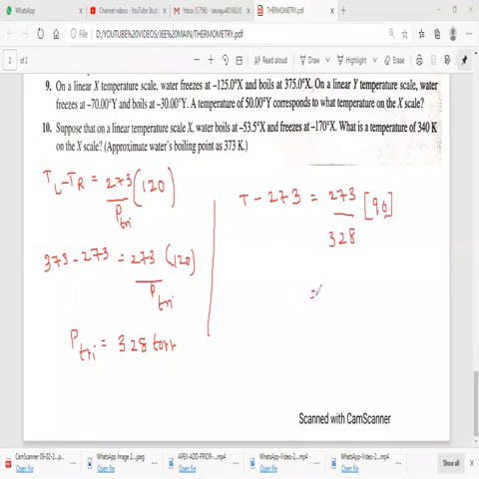So just by calculating this, you will get the answer 348 Kelvin. Finally, the unknown temperature is equal to 348 Kelvin. All of you please note it down.